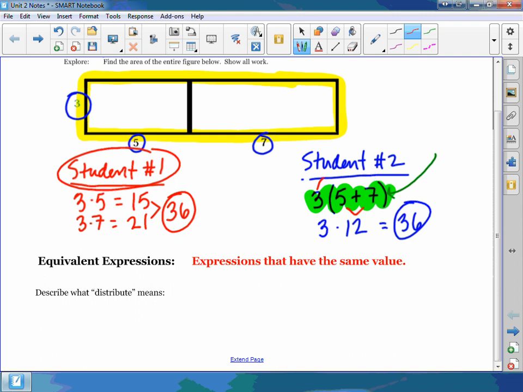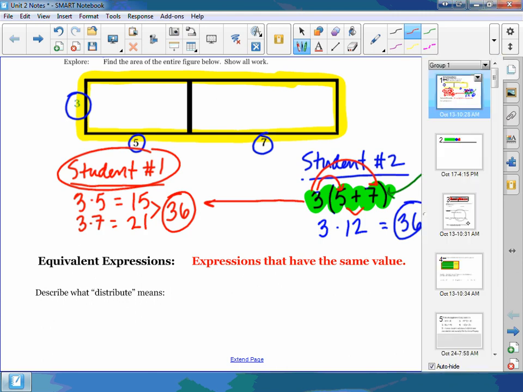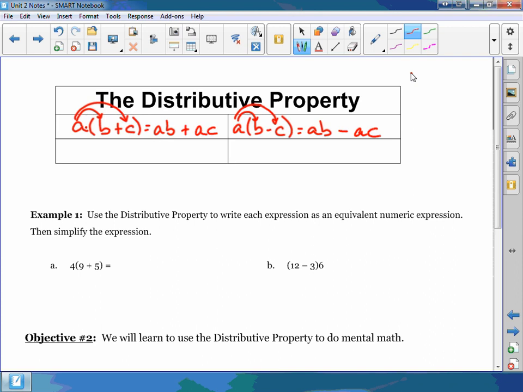Because if I take 3 and multiply it by 5, I'm doing what was done over here. And then I would also have to take 3 and multiply it by this other term, 7, and I'm going to get exactly what was done on the left-hand side. They are equivalent expressions by doing it that way. But that distributive property emphasizes that point.